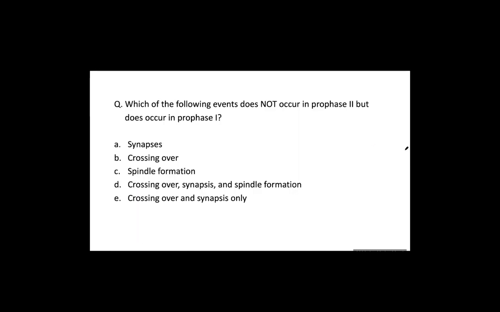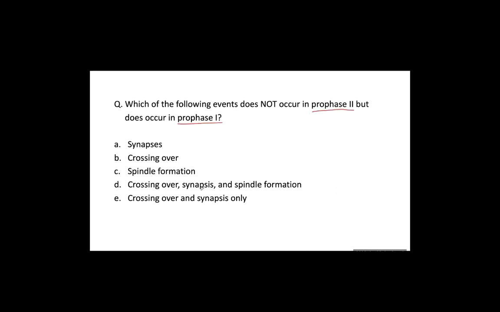So let's solve this question. Which of the following events does not occur in prophase 2, but does occur only in prophase 1? In prophase 1, you have a pair of homologous chromosomes. Therefore, synapsis occurs, yes. Also, crossing over occurs.